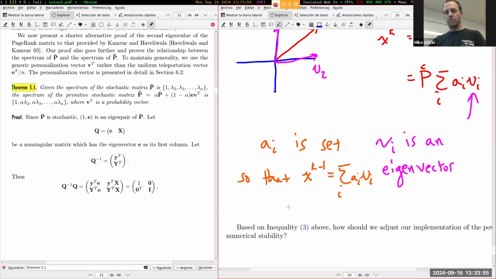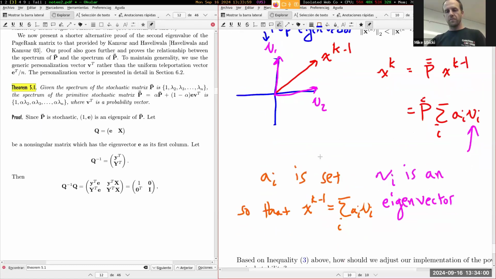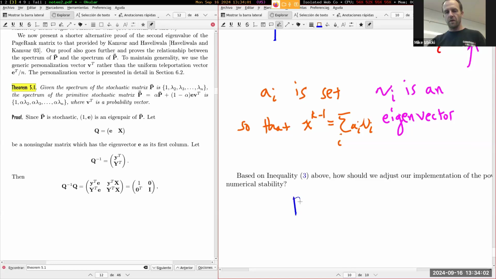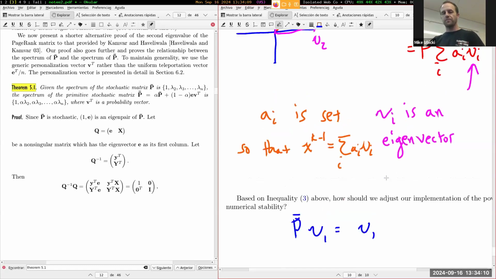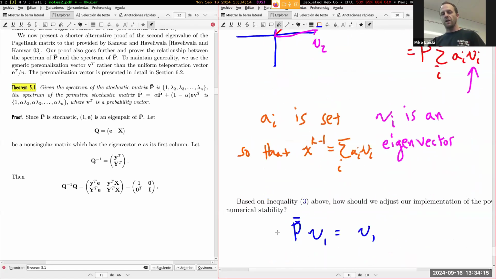So let's see, I'm going to write it right down here. p bar bar times v sub 1, because the eigenvalue is equal to 1, is just equal to v sub 1. Having the top eigenvector implies that p bar bar times v1 equals v1.